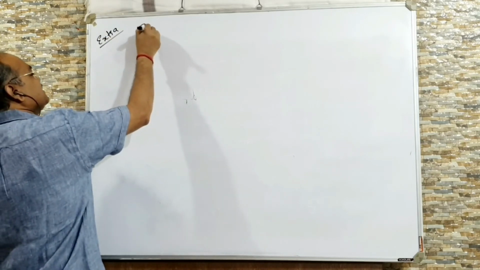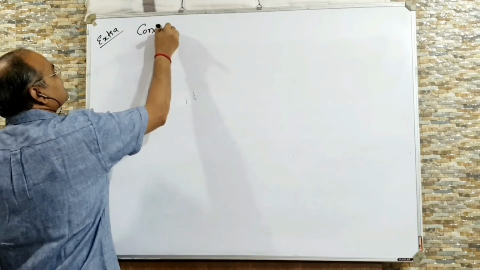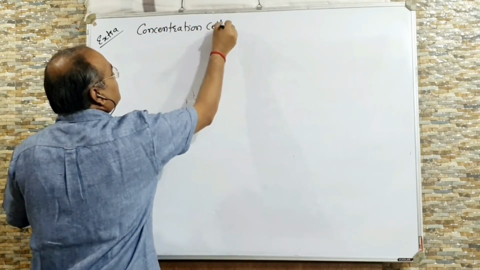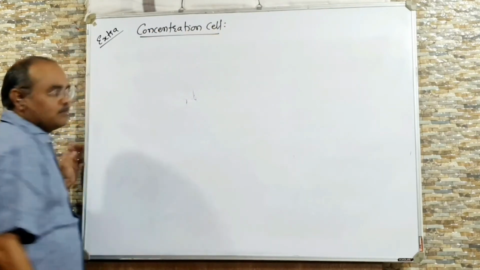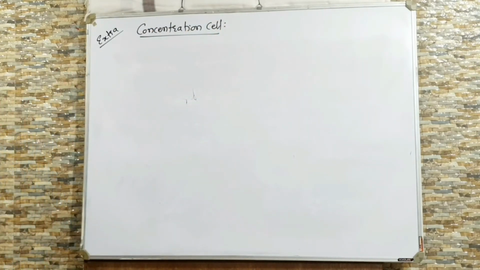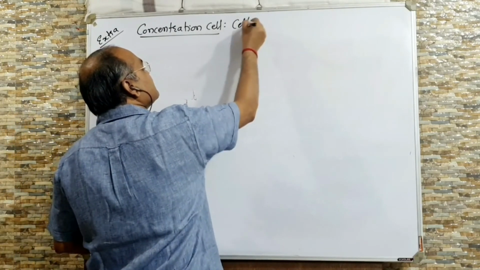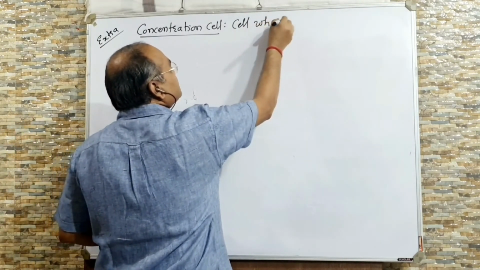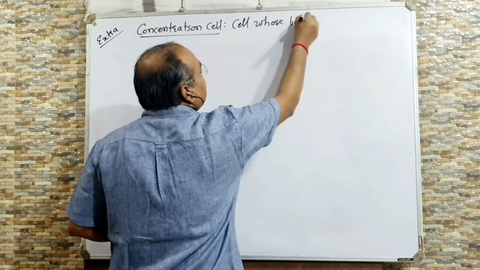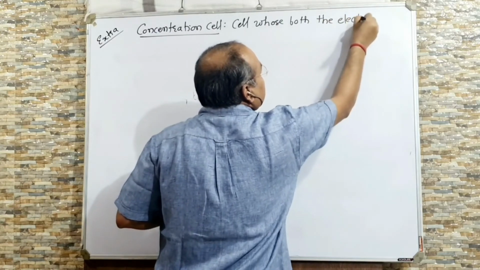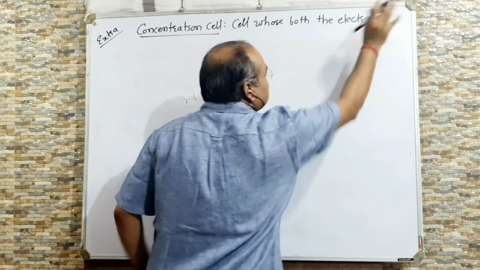It is concentration cell. Now what is concentration cell? Cell whose both the electrodes are same. When I say both the electrodes, I mean anode and cathode.